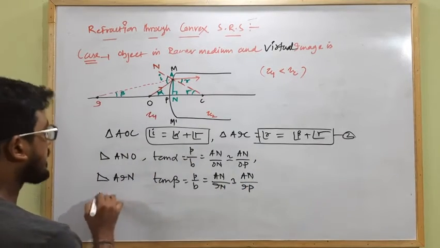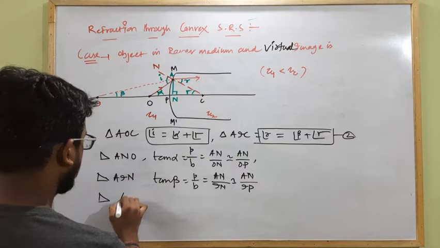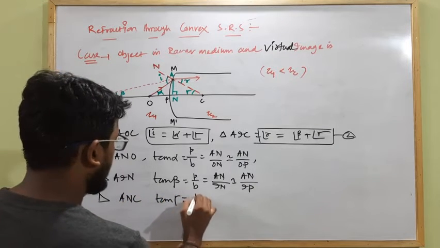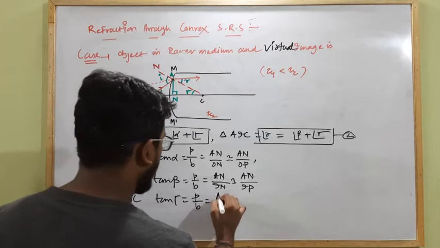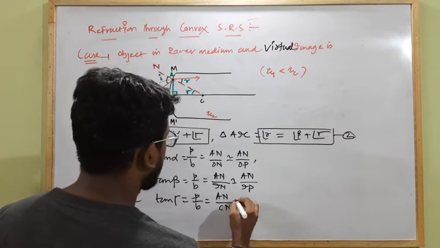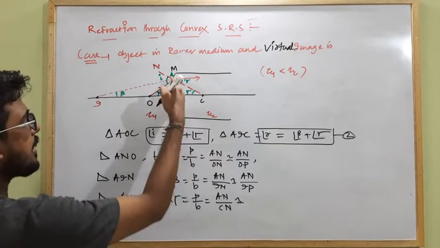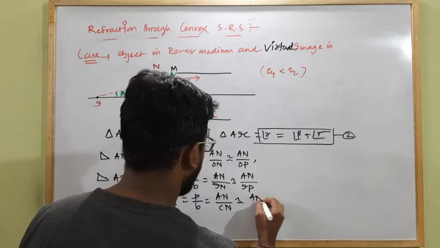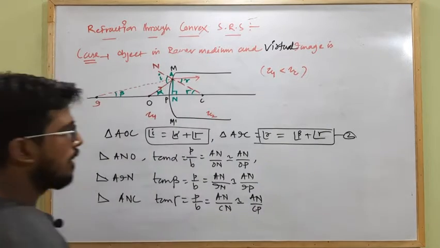Similarly, in the right angle triangle ANC, tan gamma equals P by B, which can again be written as AN by CN, and as the aperture is small, CN can be replaced by CP, so it will be AN divided by CP. Clear?